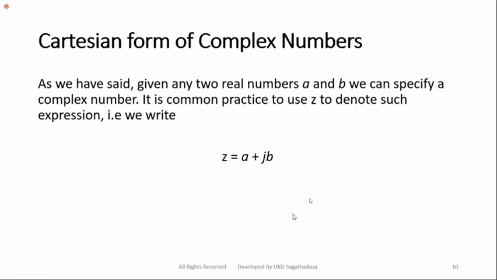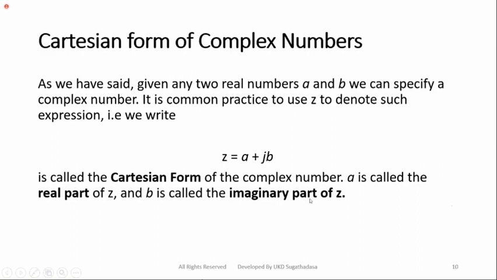You see the definition there. It's called the Cartesian form of the complex number. A is called the real part of Z. B is called the imaginary part of Z. Those are, I think, very straightforward concepts. This is just the beginning, the start of complex numbers.